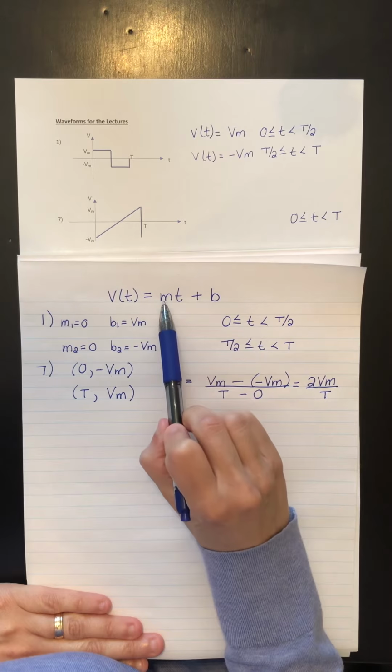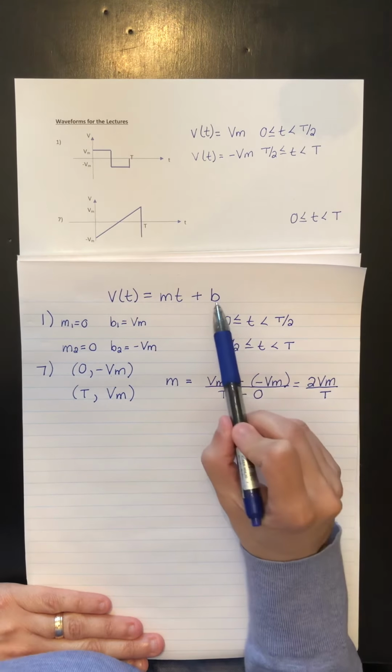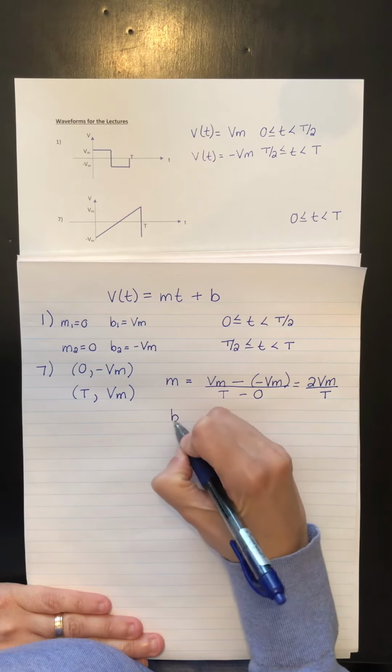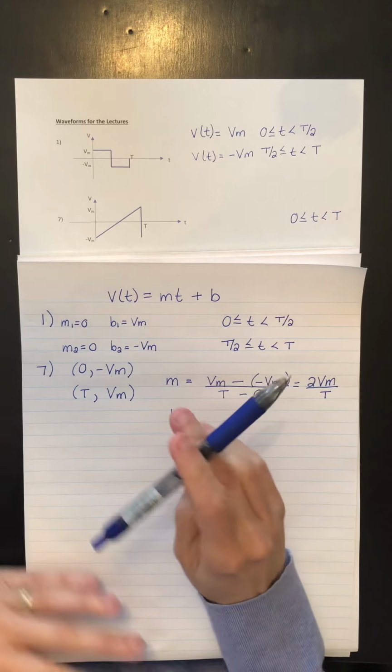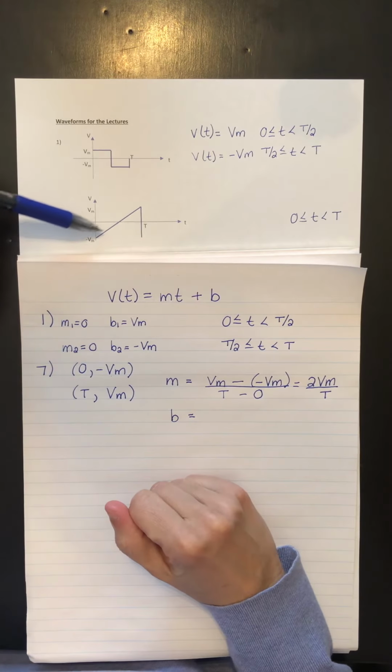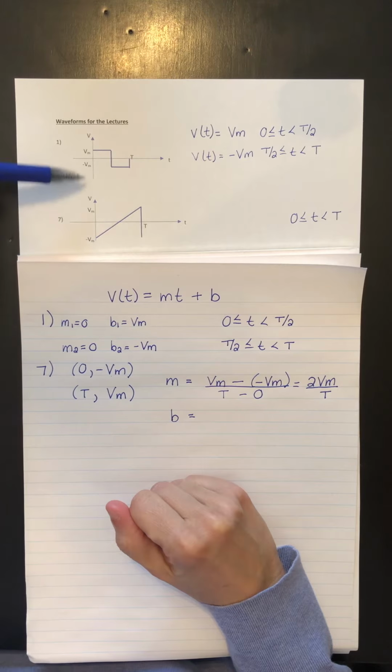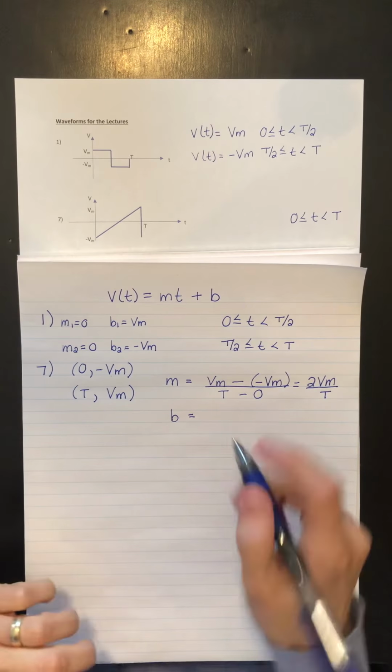It'll be substituted here. Now, what about the value of B? The value of B can be read directly from the graph. This straight line intersects the vertical axis at negative V max.